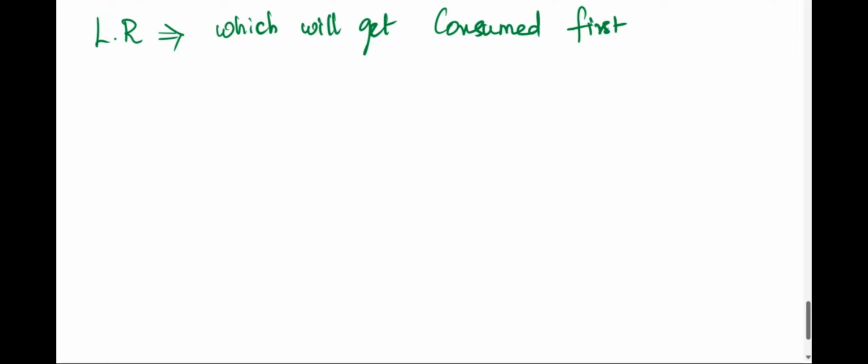Sambar is limiting reagent and the excess reagent is idli. Okay, so which will get consumed first is limiting reagent, which is excess or extra, that is excess reagent.